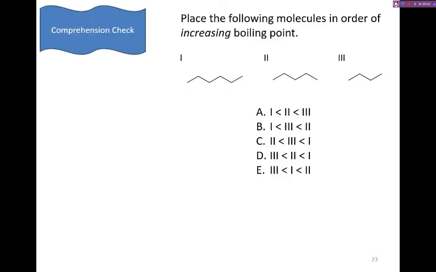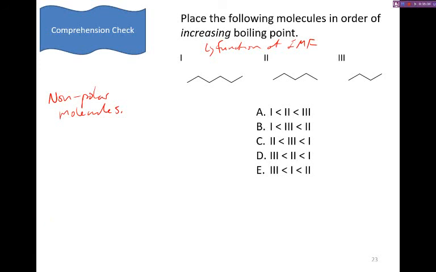All right, so let's practice. Place the following molecules in order of increasing boiling point. Remember, boiling points are a function of intermolecular forces. These are all nonpolar molecules. If you didn't see that right away, then you definitely need to review Chapter 7 and Chapter 8 material. From this point on, we're going to assume that you can very quickly and easily determine the polarity of molecules.